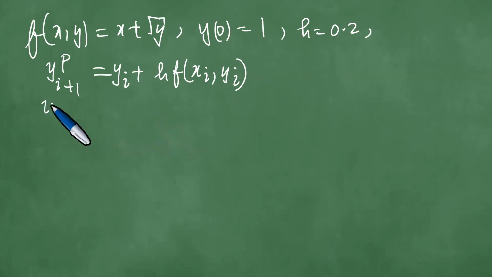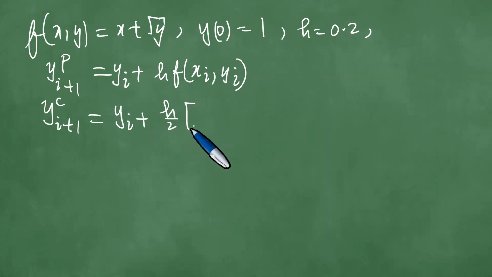Then you have yi plus 1 corrector, which means you have h over 2.